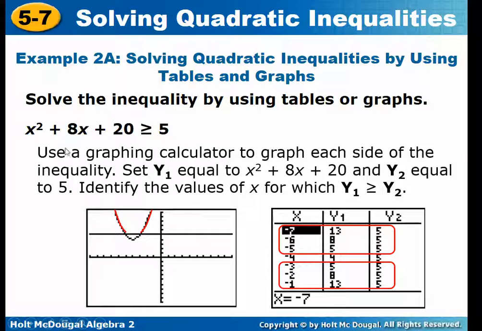So the answer to this would be whenever the parabola, the x squared plus 8x plus 20, is above the line y equals 5. And that happens at less than whatever this number is, -1, -2, -3, -4, -5. So whenever x is less than -5, it works. And whenever x is greater than -3, it works.